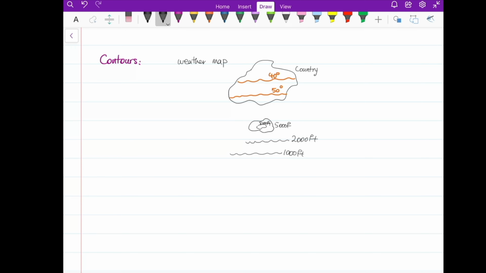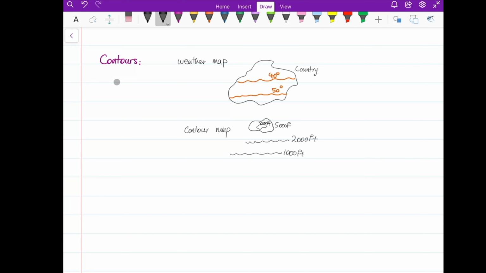So this is the weather map, and this one is called the contour map with the elevations. So the contours in graphs have the same idea.